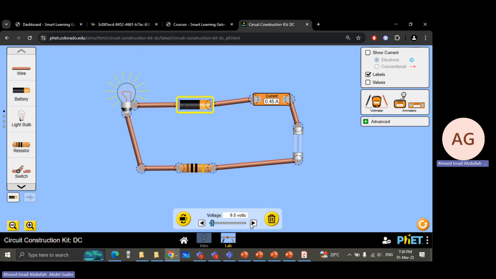This can happen due to numerous reasons, one of them being a short circuit, but we can model this explosion by just increasing the potential difference across the battery. So by increasing the potential difference of the battery, there we go. Now we have an exploded bulb.